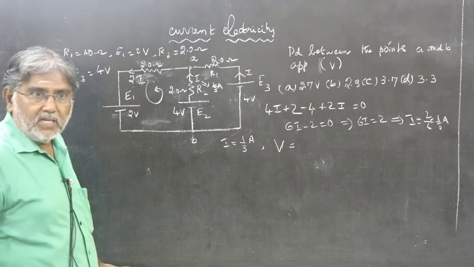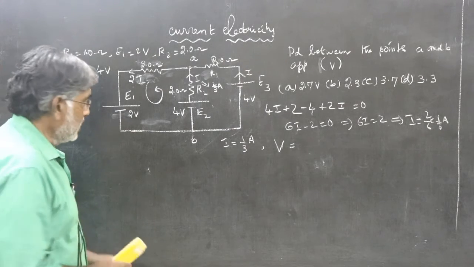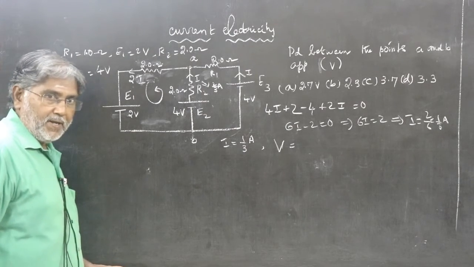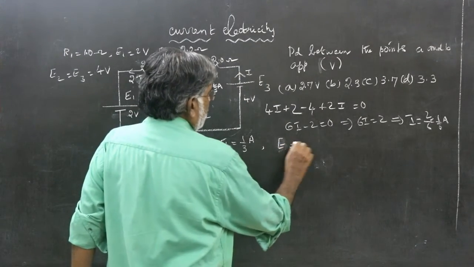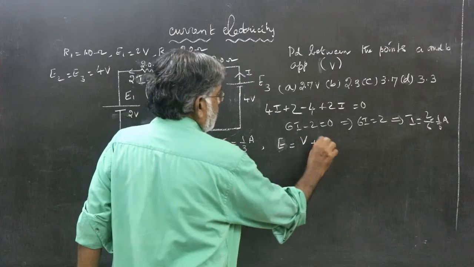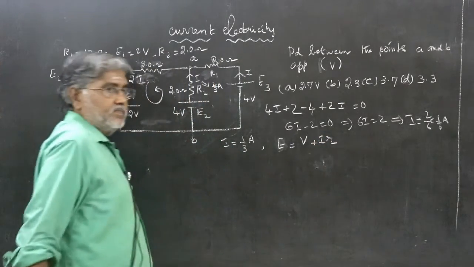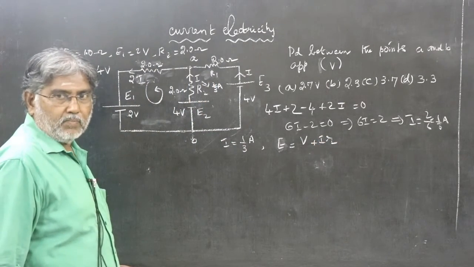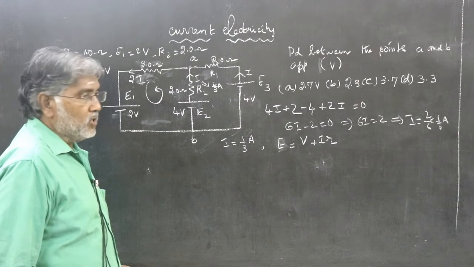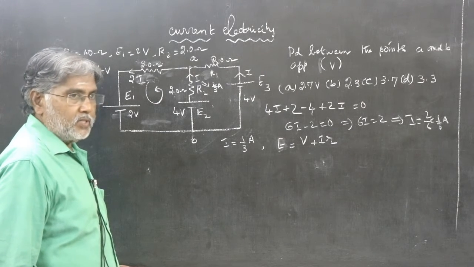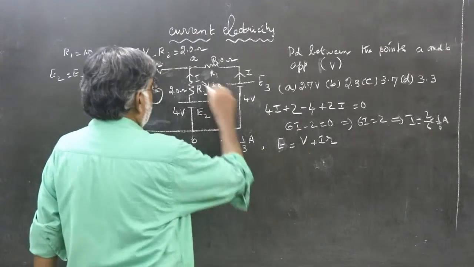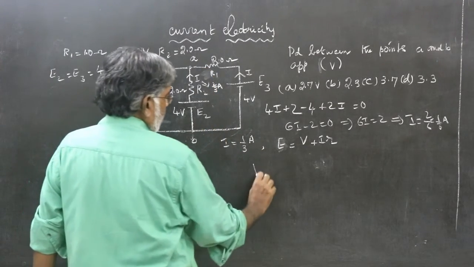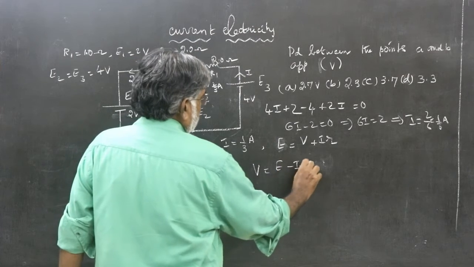For any cell delivering the current, EMF will be greater than terminal PD. So what is EMF? E is terminal PD plus Ir. Small r I have used here because it will represent internal resistance. But our aim is to find terminal PD between this A and B. So V is equal to E minus Ir.